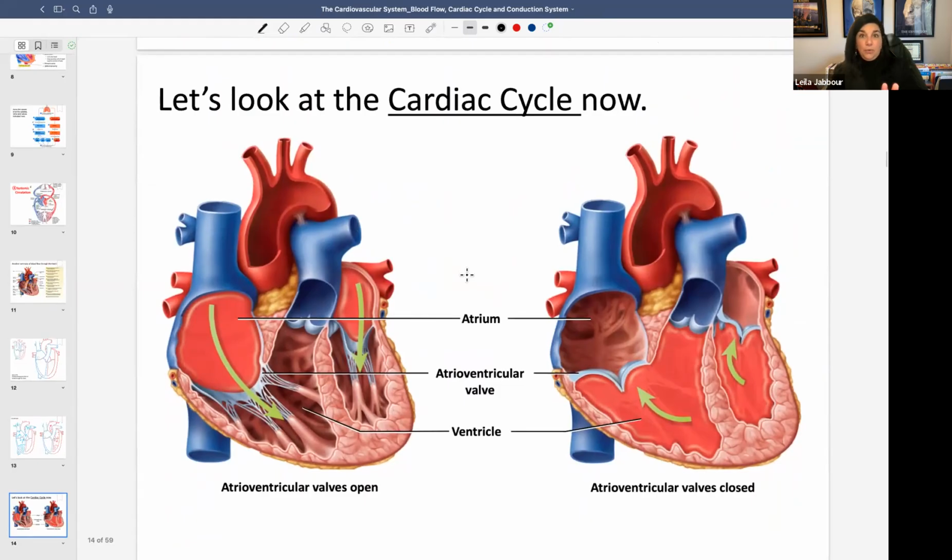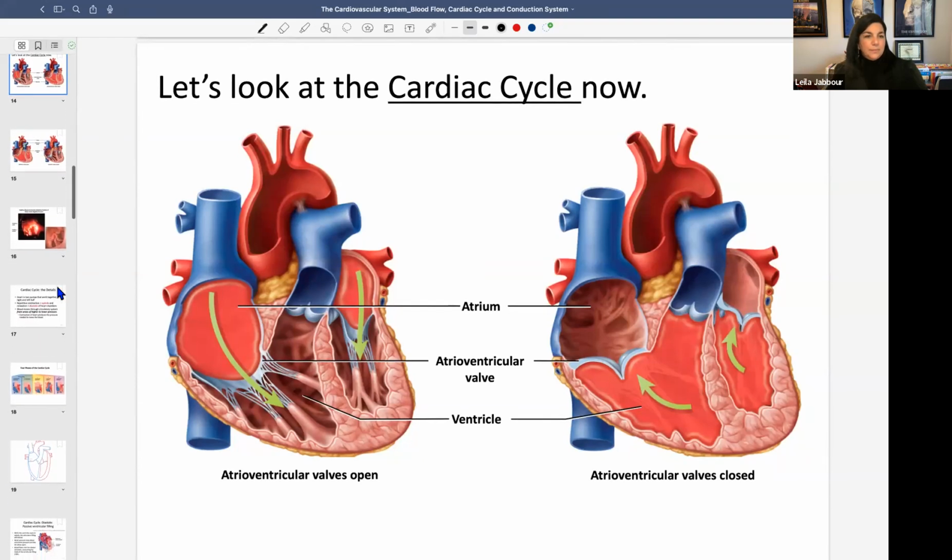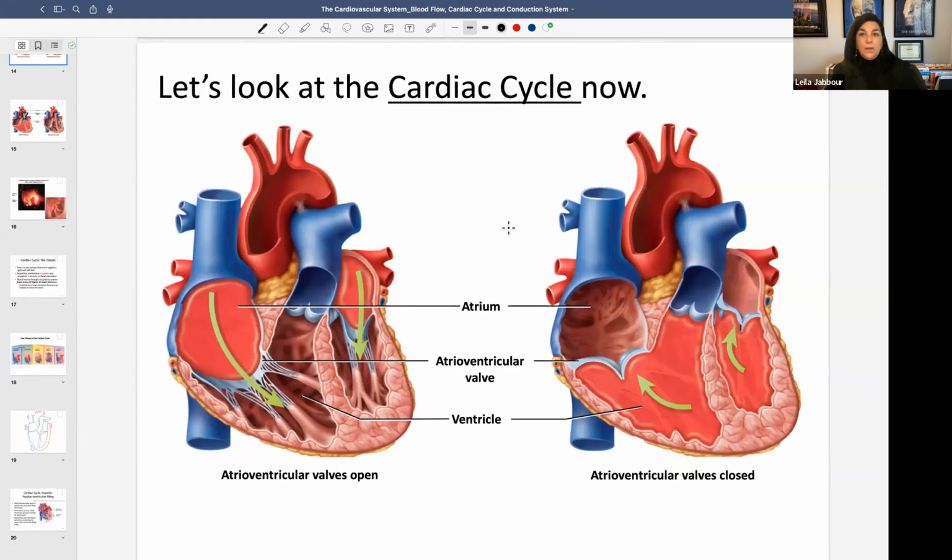Okay, so now that we know the flow of the blood through the heart, let's talk about the cardiac cycle. The cardiac cycle has to do with the contraction of these different chambers: when they contract, what stimulates their contraction, and the sequence of these contractions.